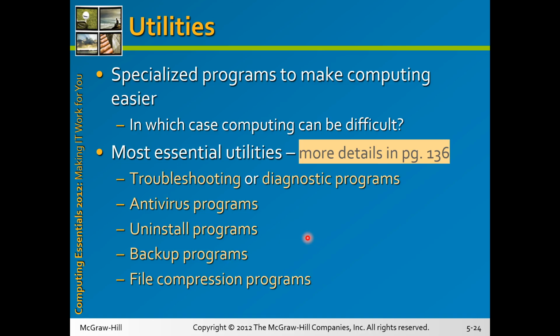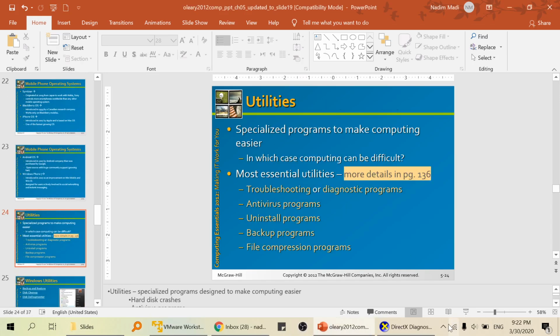Antivirus programs, of course, are really famous and really common, and they are meant for detecting threats and providing a high security level for the operating system. However, nowadays, especially with Windows itself, like Windows 10 here, we have a built-in antivirus program and a built-in security system.